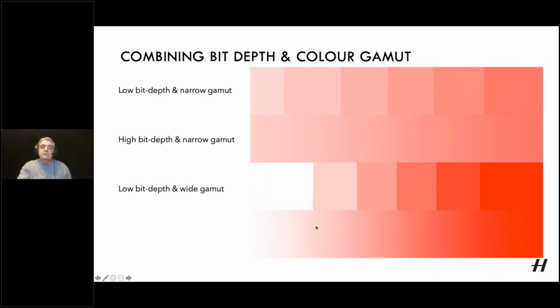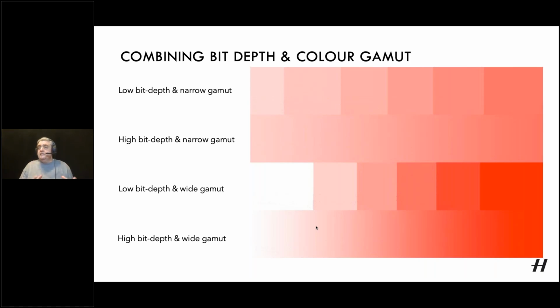So the ideal combination, as we all know, is high bit depth, a wide gamut, and a wide dynamic range from the sensor. That way, we get a very smooth transition in terms of the tonal values from your brightest, most saturated value to white, with lots and lots of values.